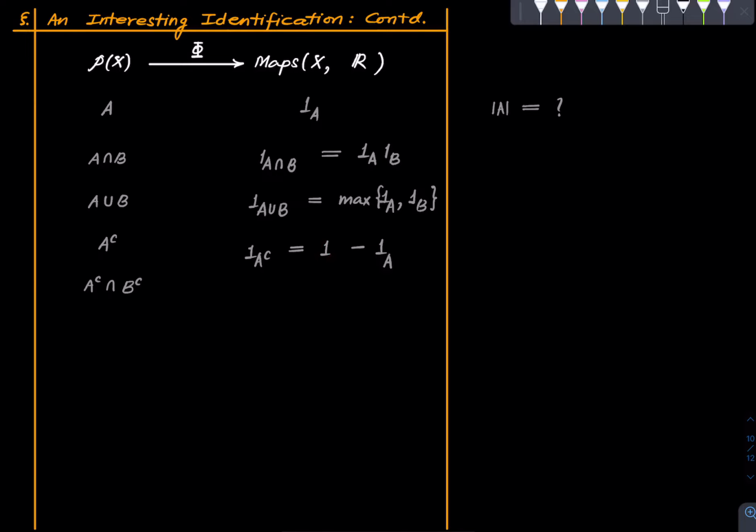And now most interestingly, what happens to this guy? This is of course the indicator of this, but as we saw, it is the product of the indicators, which is this, which by what we recalled is equal to that.